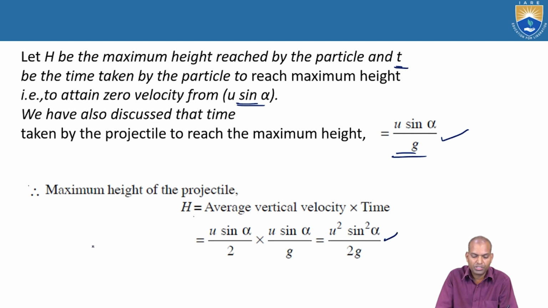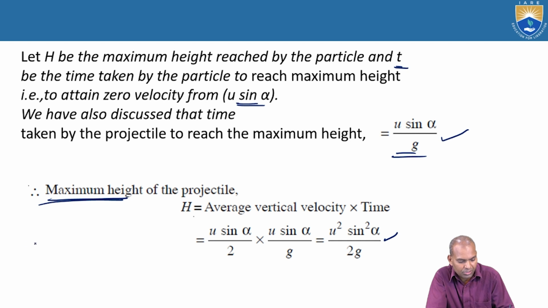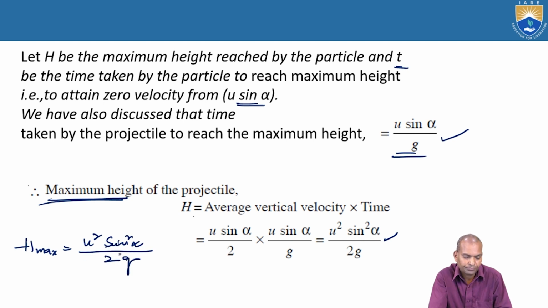This is the derived expression for the maximum height of the projectile on a horizontal plane: h maximum equals u square sin square alpha by 2g, where u is the initial velocity, alpha is the angle of projection, and g is the acceleration due to gravity.